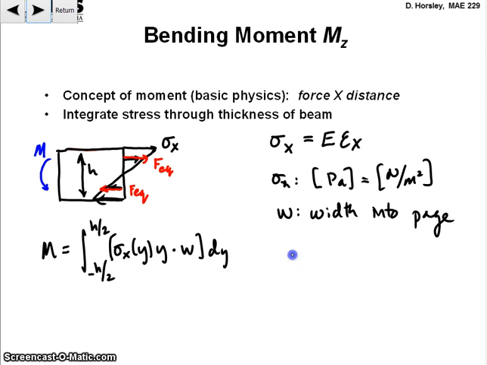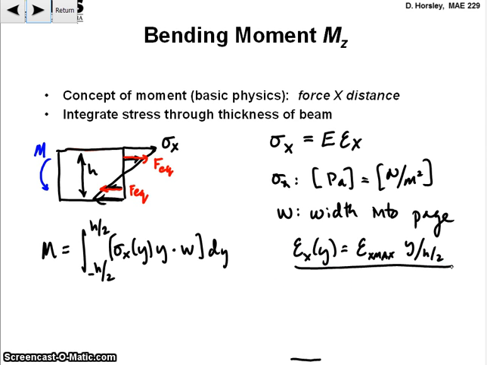The x-axis strain as a function of y is equal to epsilon x max times y divided by h over 2. So when y is equal to h over 2, we get epsilon x max, and when y equals minus h over 2, we get minus epsilon x max, and it's linear in between those two points.